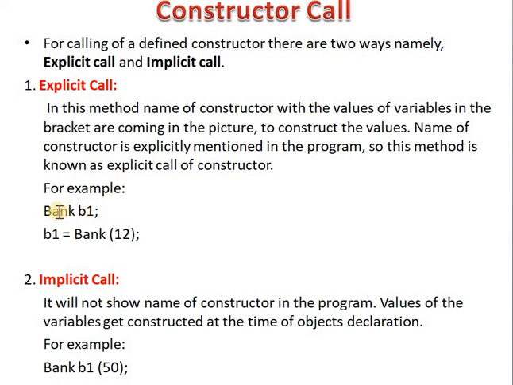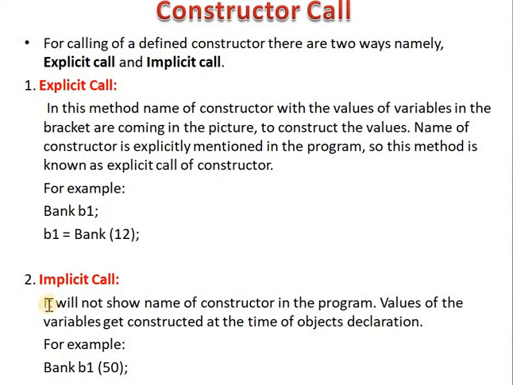For example, here is a class bank, there is an object B1, then B1 equals bank(12). This is an explicit call for the constructor. Explicit call means that if the name of the constructor is used in the object declaration, then the call is known as an explicit call to the constructor.